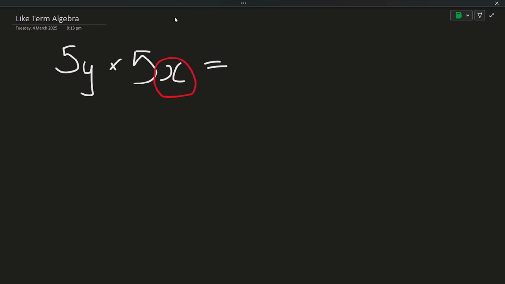In multiplication, it's very common here, you just directly multiply. So you directly multiply the numerals first. First the numerals. So 5 times 5 is equal to 25. Sorry for the weird 2 there, but bear with me. 25.